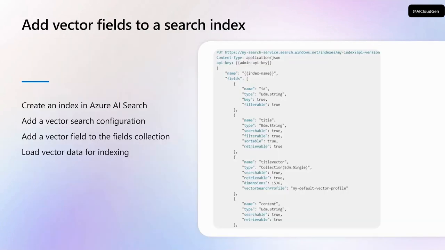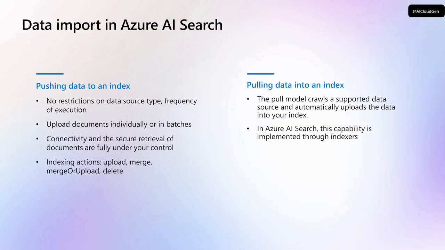When you are creating the search index, you can add the vector search configuration, the vector field, to the fields collection, and you can load the vector data for indexing purposes. So you can start pushing the data to an index. There are no restrictions on the data source type, the frequency of execution, and so on.